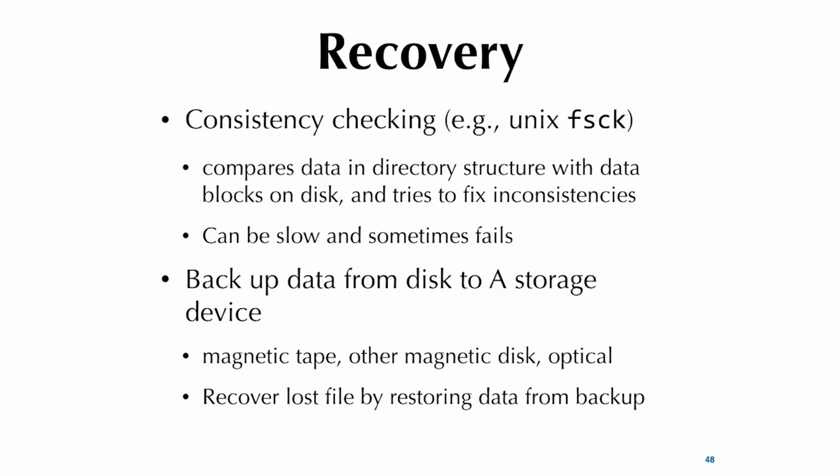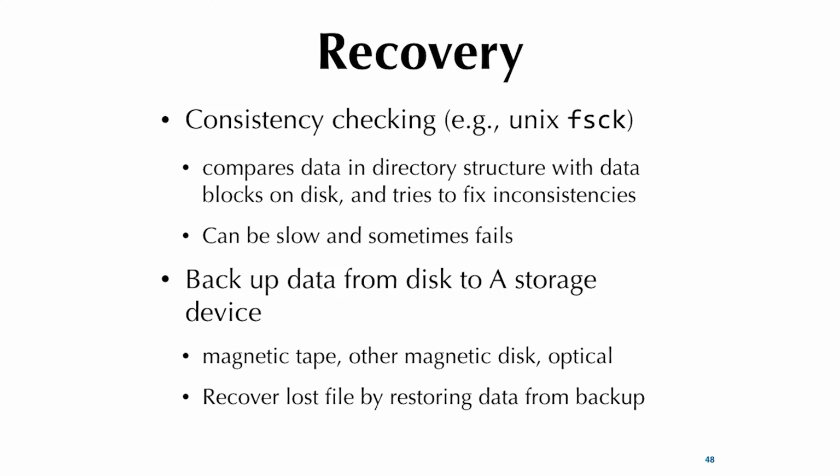So FSCK is a Unix utility that is used for file system check, FS for file system, CK for check. And it not only checks, but also repairs. It makes its best effort to fix inconsistencies. Now it can take a long time, but this is usually run when the OS boots up, and it does FSCK to check consistency for at least the part it needs.